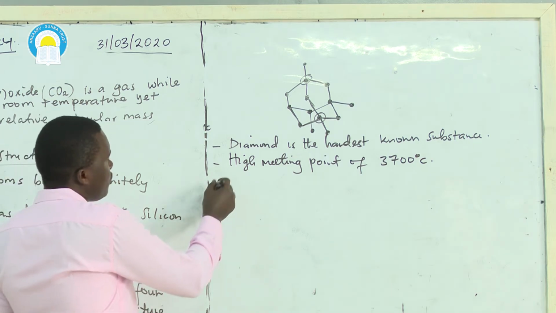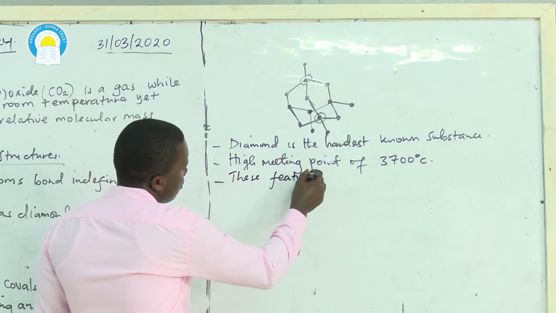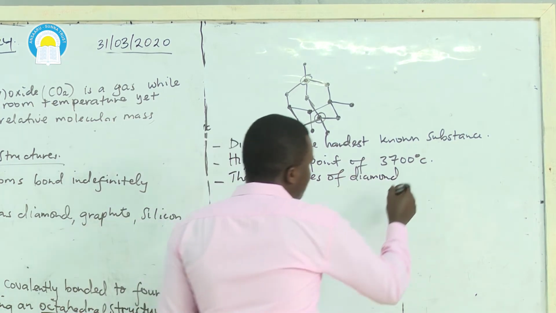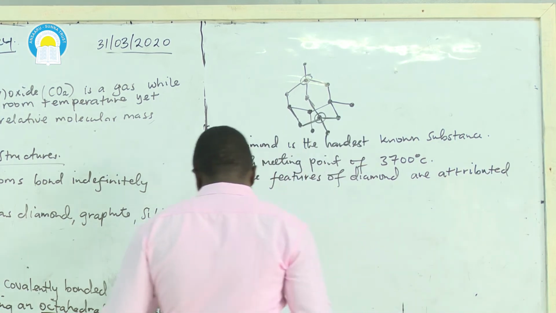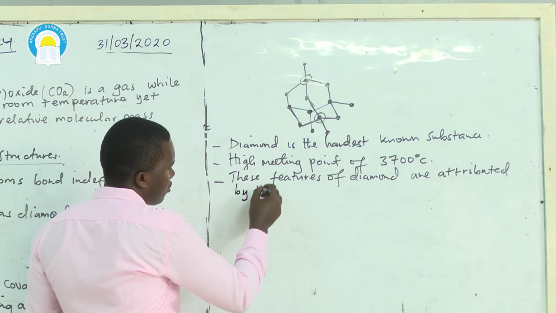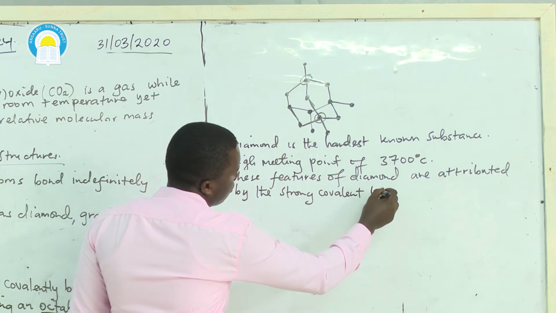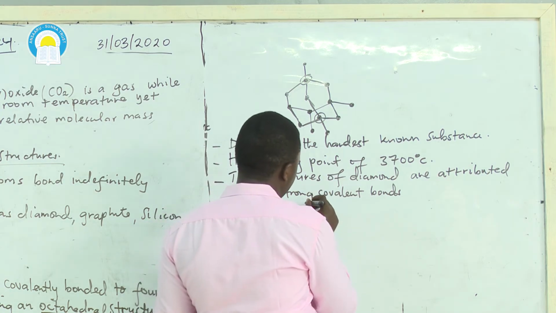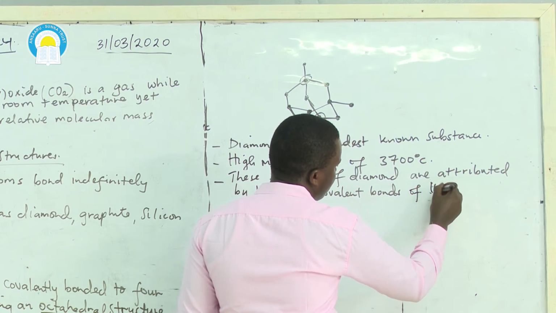And all these features of diamond are attributed to the strong covalent bonds of the carbon atoms.